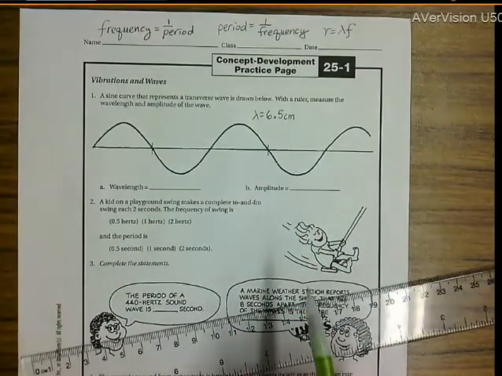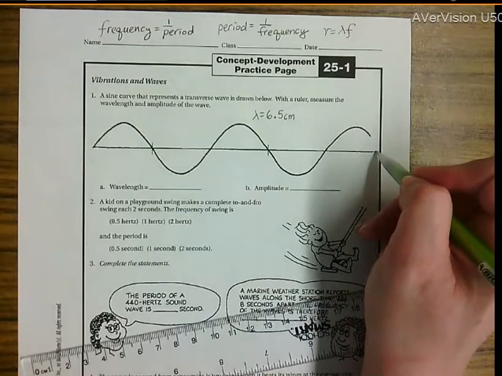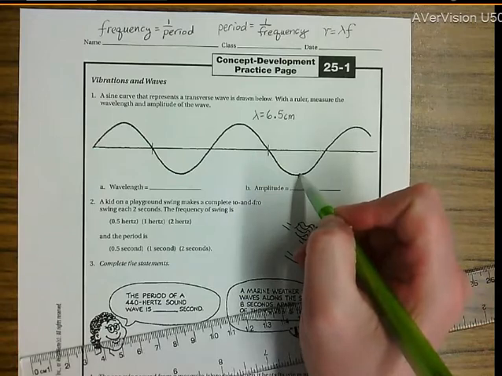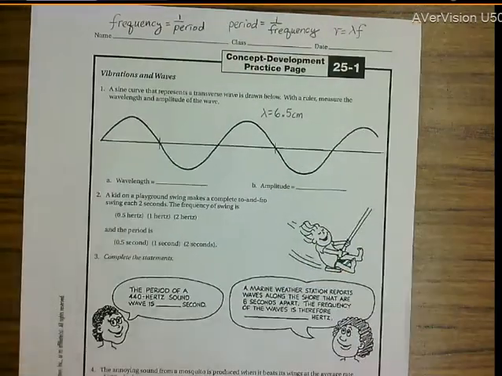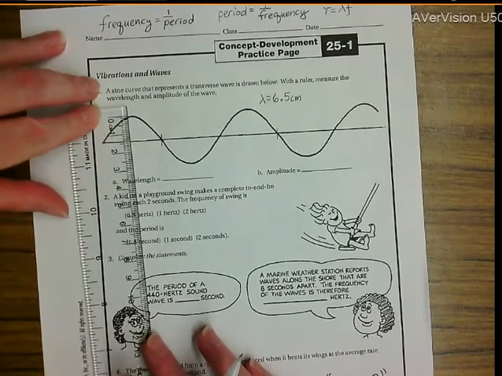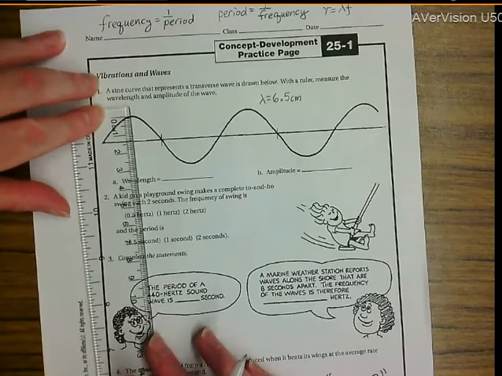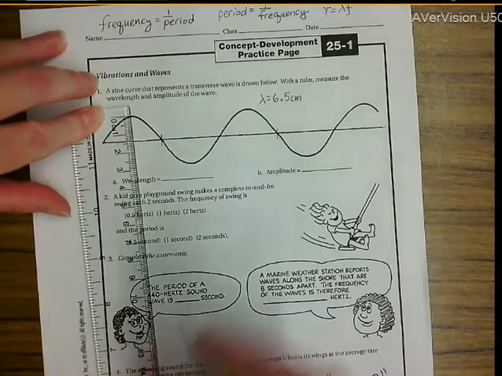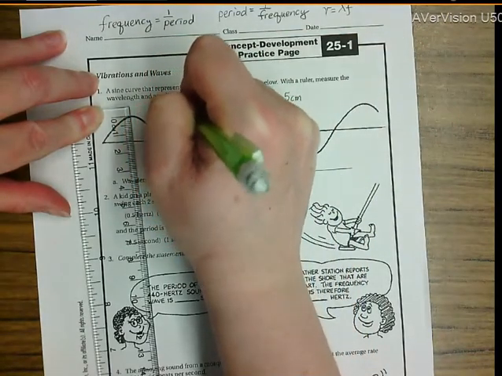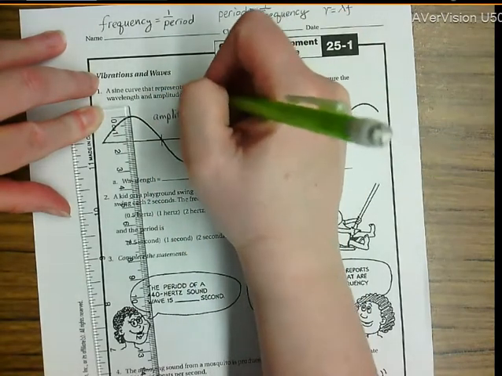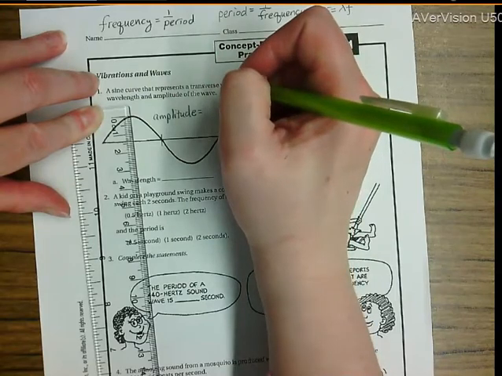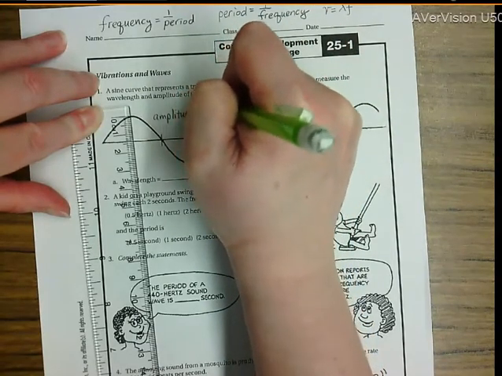Now, amplitude, remember, is from this midpoint, this 0 spot, to either the top of a crest or the bottom of a trough, and it really doesn't matter. It should be the same either way. So we'll go over here and measure. And it looks like we're going to say that our amplitude equals about 1.4 centimeters.